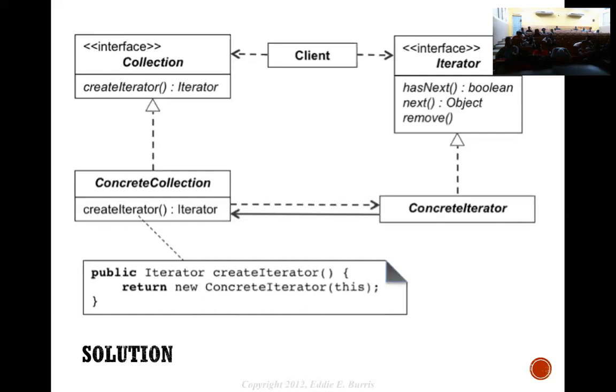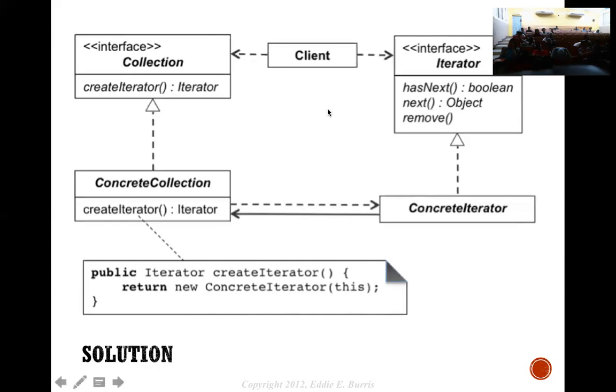Likewise, you could have any kind of concrete collection. You could have multiple ones realizing the collection interface. At the end of the day, this collection now has an iterator that can perform next, hasNext, remove, and whatever other functionalities related to iterating through.